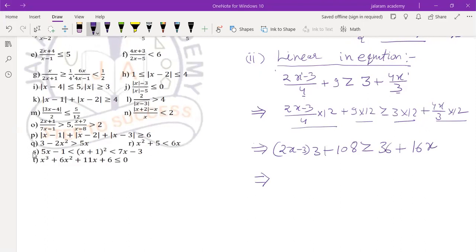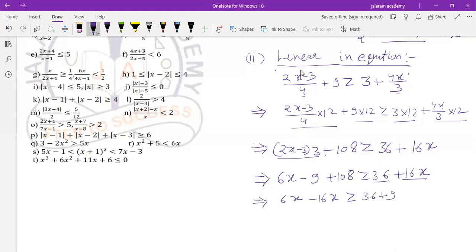Okay. So now when we open the bracket, 3 2s are 6x minus 3 3s are 9 plus 108 is greater than or equal to 36 plus 16x. It implies now 6x, all the terms of x are written on the same side, minus 16x is greater than or equal to 36, minus 9 is transferred to the other side, plus 9 minus 108.